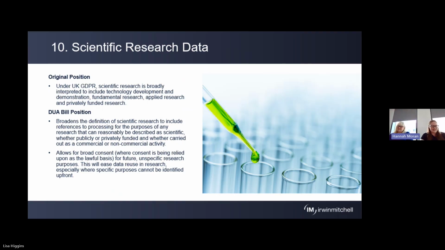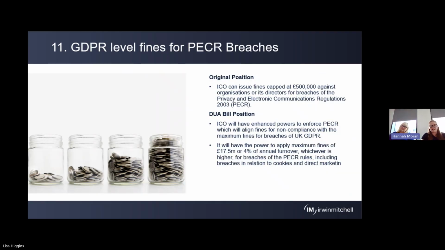Yeah, thanks, Joanne. So this is an interesting and important point to note. Under the Data Use and Access Act, the ICO will have enhanced powers to enforce PECA. As part of these enhanced powers, it can apply maximum fines of £17.5 million or 4% of the annual turnover of the organisation or the group that the organisation belongs to, if applicable, whichever is higher, for breaches of the PECA rules, which include breaches in relation to cookies and direct marketing.